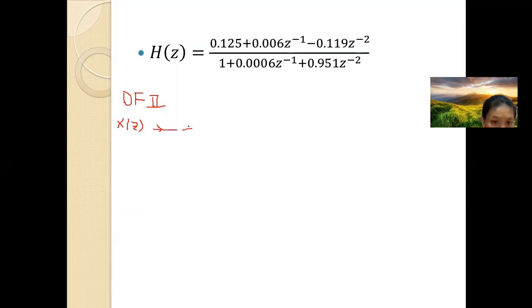We put a plus here, a summation here, and then we go straight. First is 1, so we put 1, and then we go down. So we have z^-1, and then we multiply this with 0.0006, and we sum up.